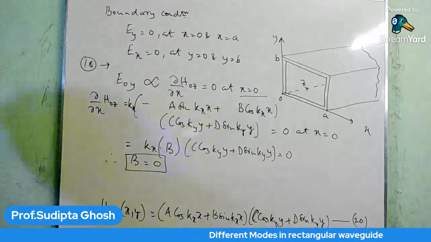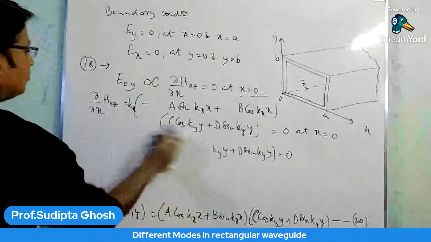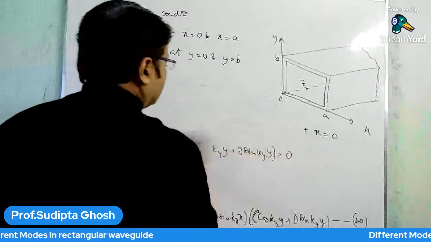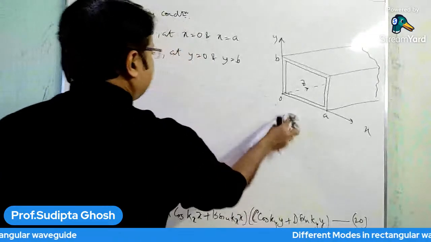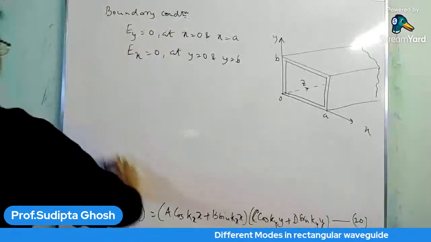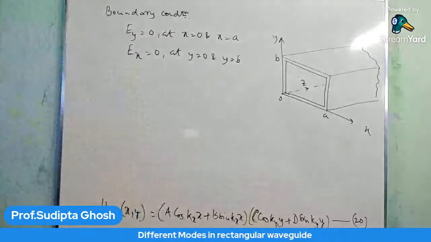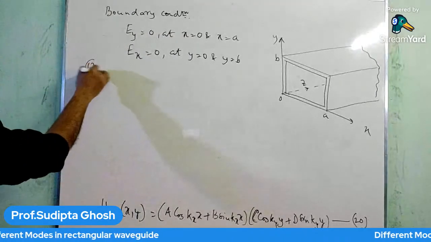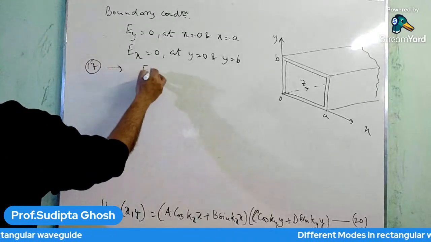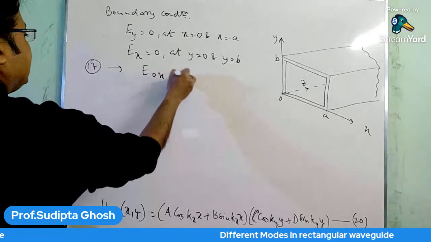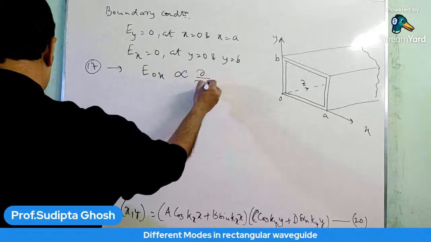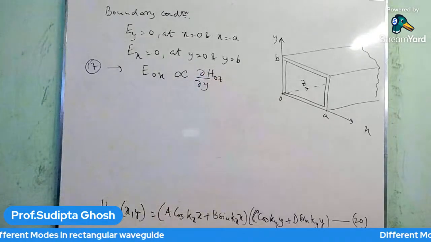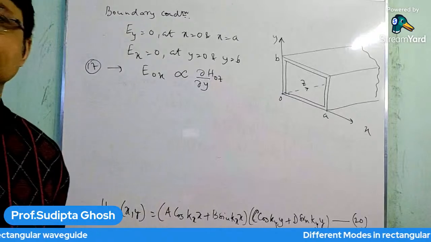So let's remove this, remembering that the value of B vanishes. Considering equation number 17, we can find out the value of EOX, and it is actually proportional to del del y of HOZ, again by similar arguments.